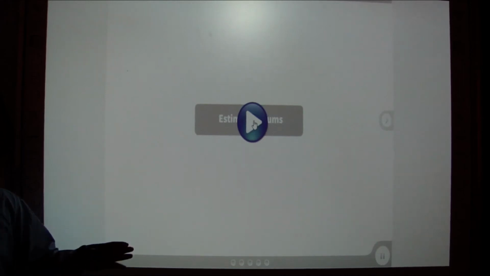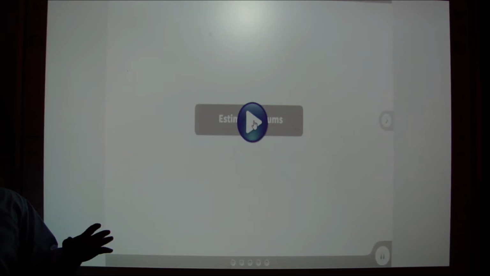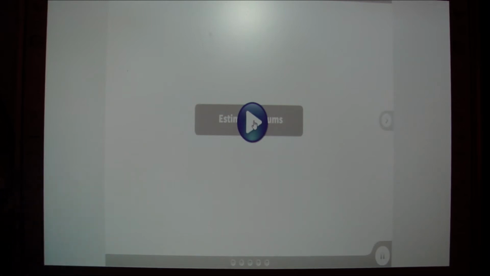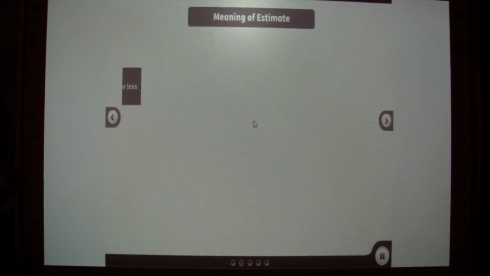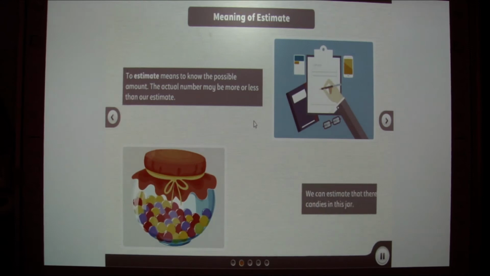Next one, estimated sums. Estimated means approximate value. Approximate value is called the estimation. Let us understand the meaning of estimate followed by how sums are estimated. To estimate means to know the possible amount.